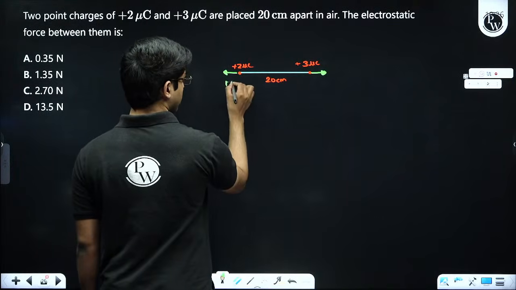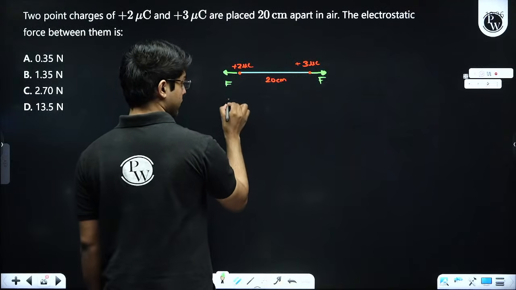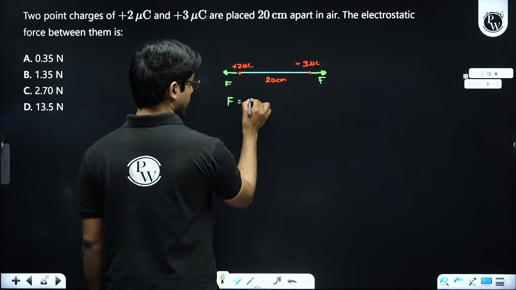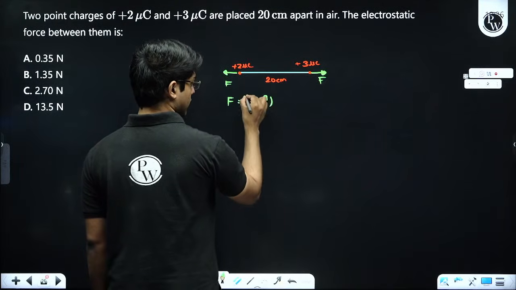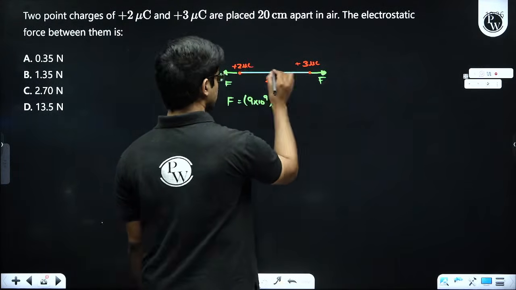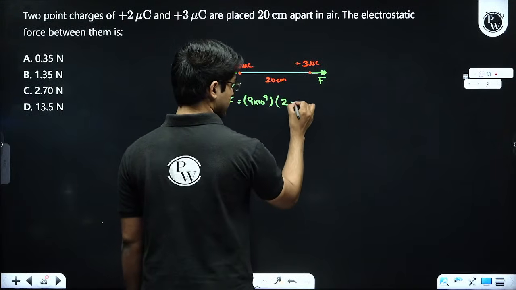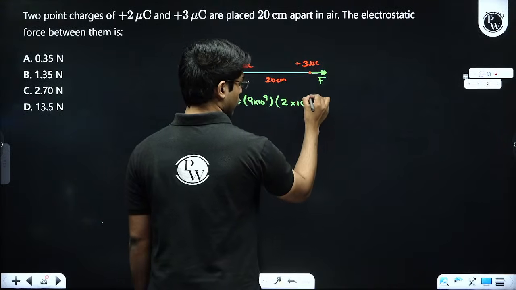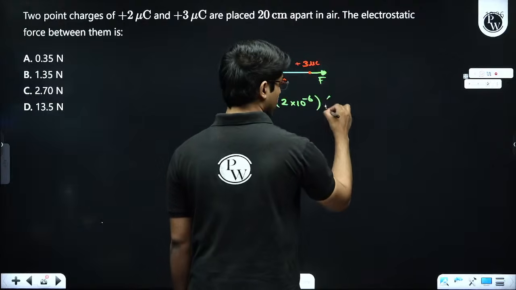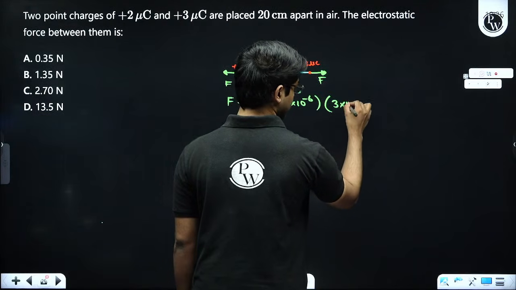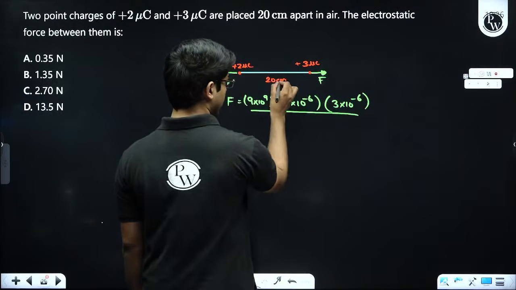Both of them will be repelled by the same electrostatic force F, and this force will be given by K, which is 9 into 10 raised to 9, times Q1, Q2. Q is in microcoulomb, so you have to convert it into SI units. So 2 into 10 raised to minus 6, and 3 microcoulomb will be 3 into 10 raised to minus 6, K Q1 Q2 divided by distance squared.